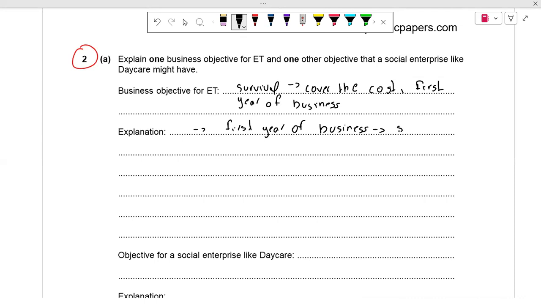There is basically startup cost, and they are also serving in the low income area.